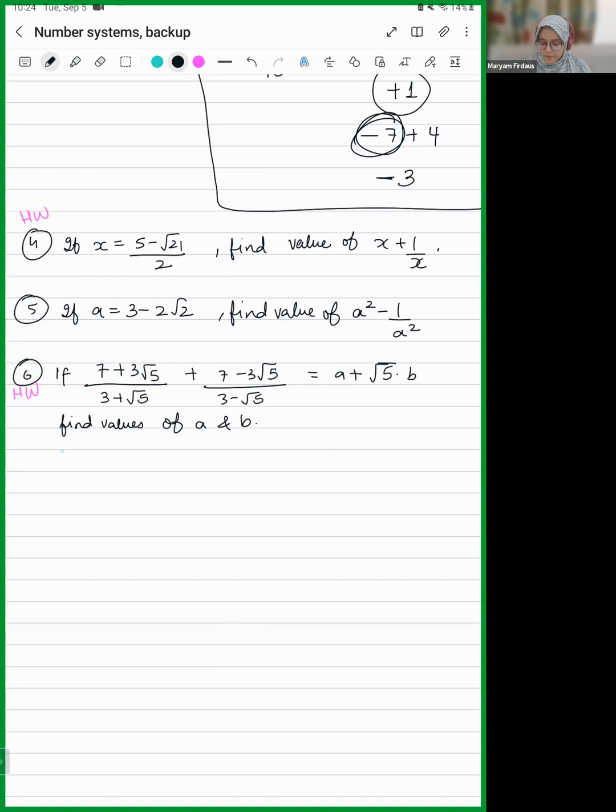So let's do the fifth one in class. It's given to us that a is equal to 3 minus 2 root 2. We have to find the value of a square minus 1 by a square. So do we know any identities?